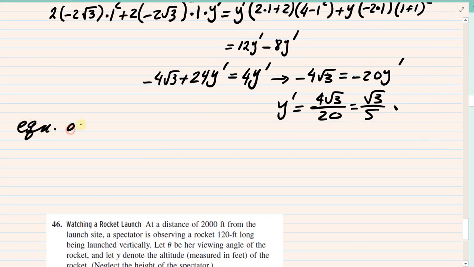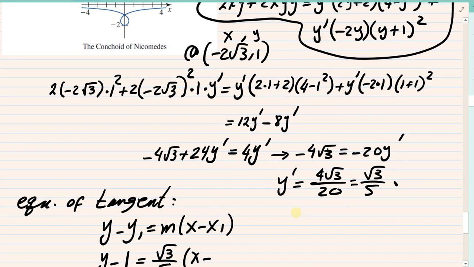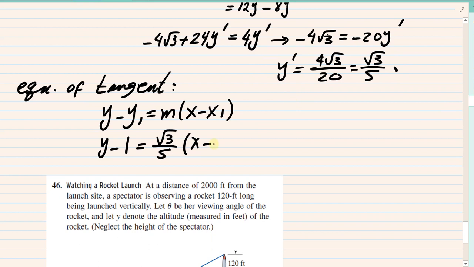The equation of the tangent is what they want, and that's going to be y minus y1 equals m times (x minus x1). That's y minus 1, slope is root 3 over 5, and x minus x1 was negative 2 root 3. There you go.